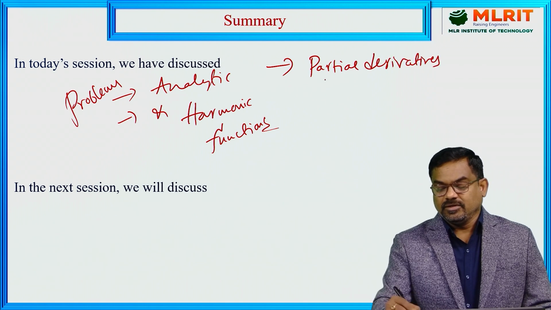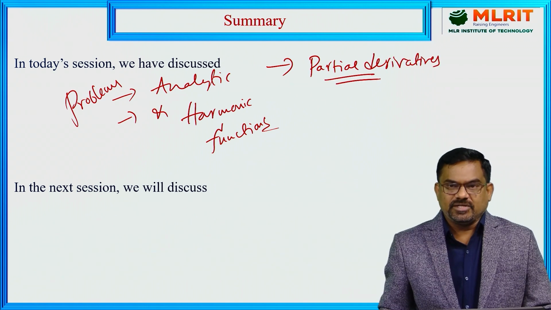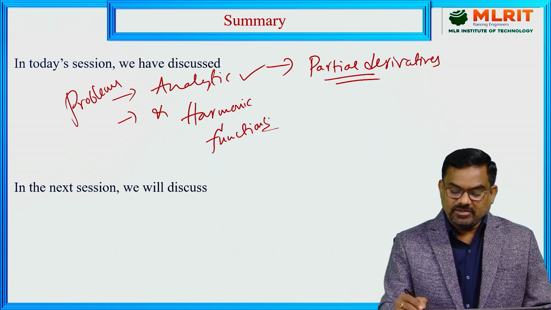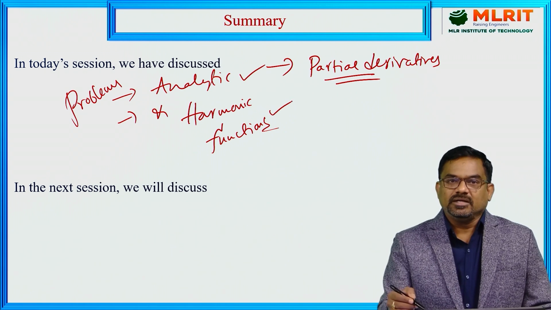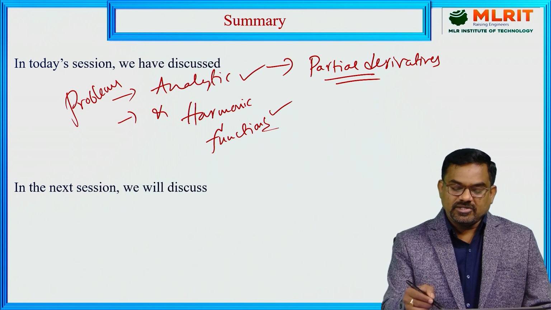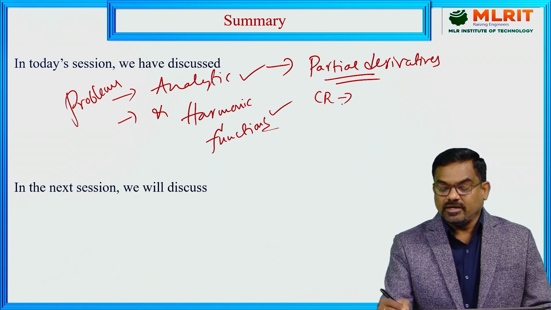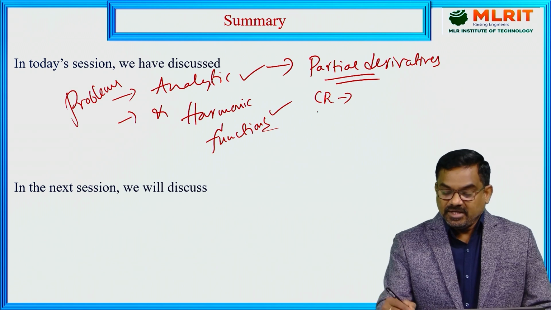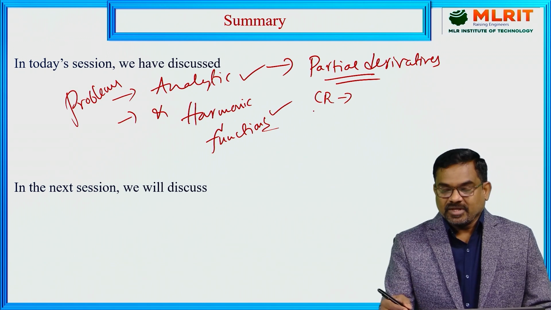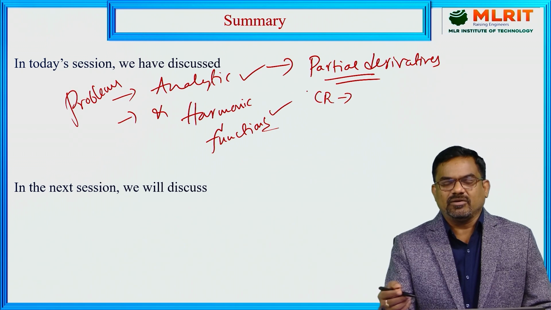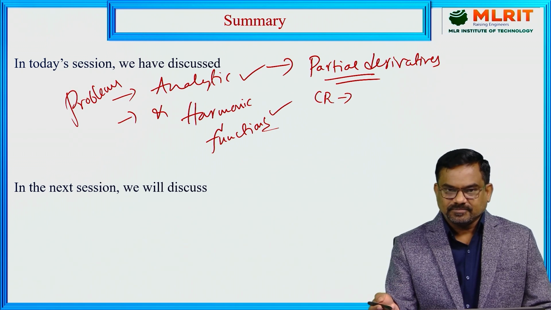So that means you should know the partial differentiation. Then know the definition of analytic function and harmonic function, and if there are any conditions to check those, for example, the CR conditions to check analytic function, and Milne-Thomson method to find the analytic function when any one of real and imaginary parts is given.